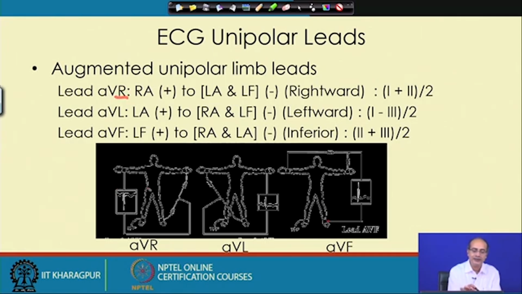The next one, AVL, the unipolar lead is connected to the left arm. And out of the two legs, the connection is taken only from the left leg, so it is marked with F, the unipolar lead connected to the foot. All the time the right leg is grounded, just like the bipolar lead configuration.